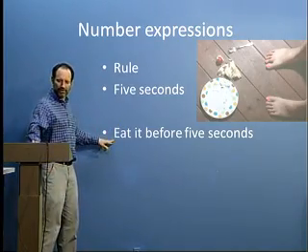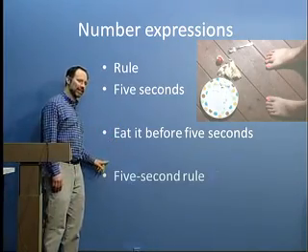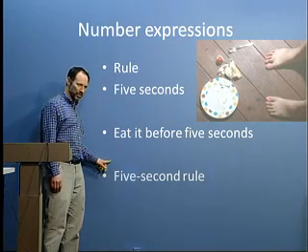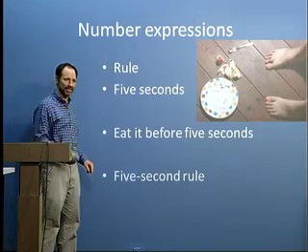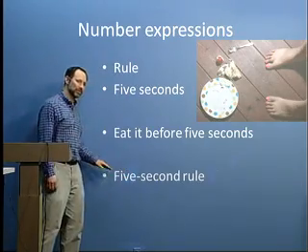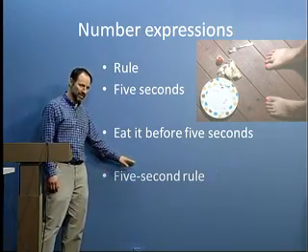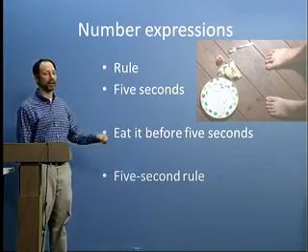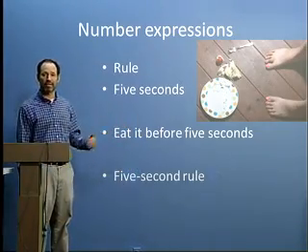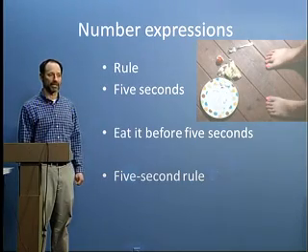"Eat it before 5 seconds" is the "5-second rule." If I pick the food up before 5 seconds, it's still good to eat. Notice how I have the hyphen between 5 and second, and that's an adjective expression that gives information about rule. It tells me what kind of rule or which rule I'm talking about.